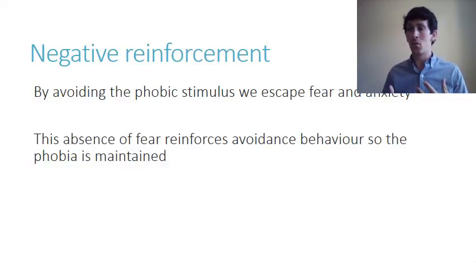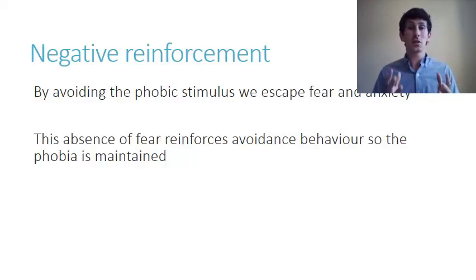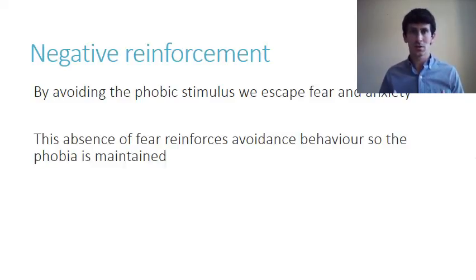We do it more and more. So we avoid that phobic stimulus, that spider. And if we do that, then we're going to do more and more avoidance behavior, and our phobia is maintained because we're not getting the fear response. So we maintain our phobia by avoiding the phobic stimulus in the first place.